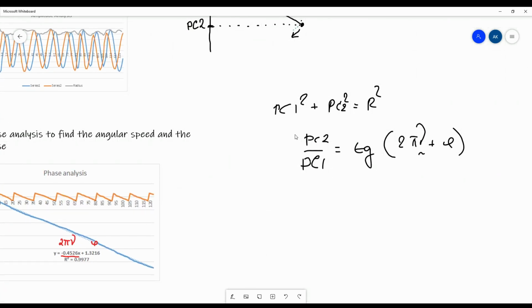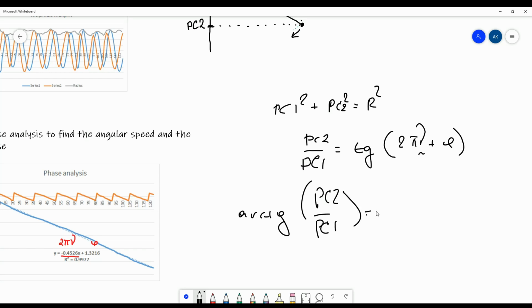Which means if we get arc tangent of PC2 over PC1, then we get a linear equation. Actually, there has to be t here, right? Time. So we can regress on time.